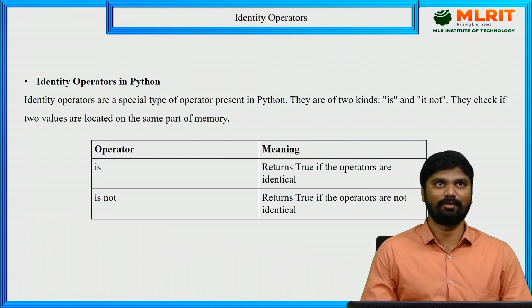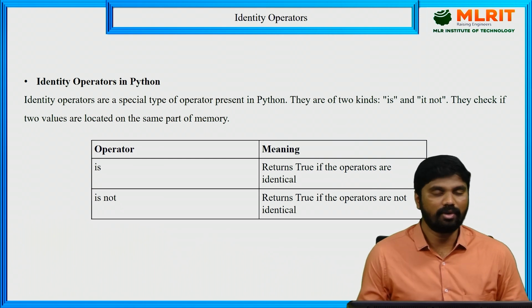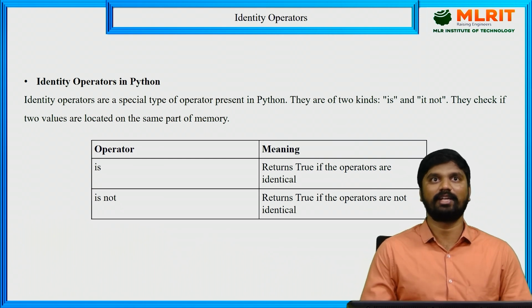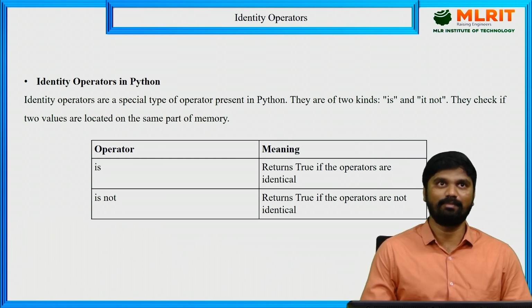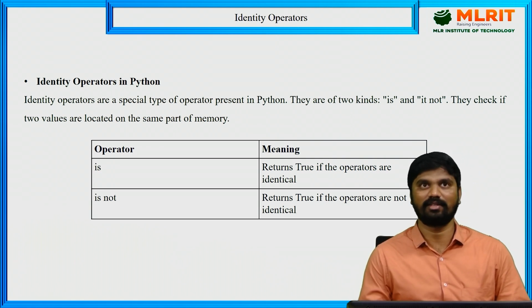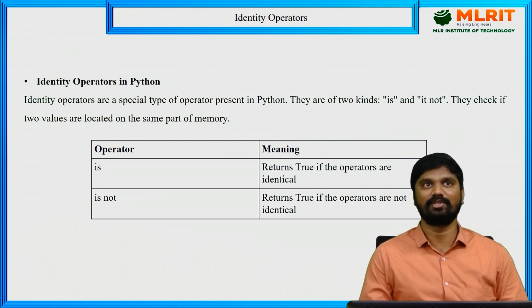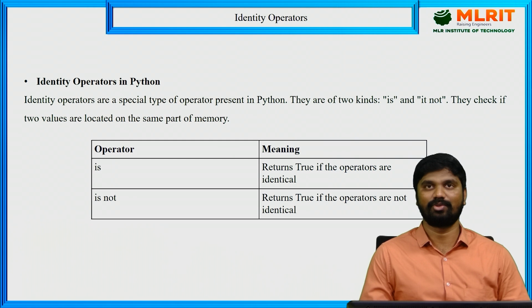First, we'll discuss identity operators. Identity operators are a special type of operator present in Python. We can consider these operators very special to the Python programming language. We'll discuss the purpose of these operators through an example.